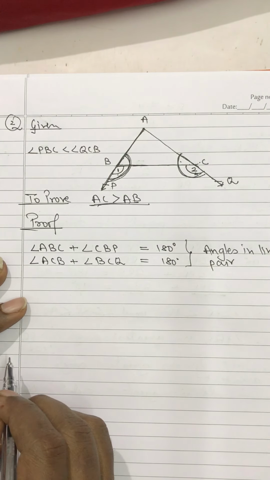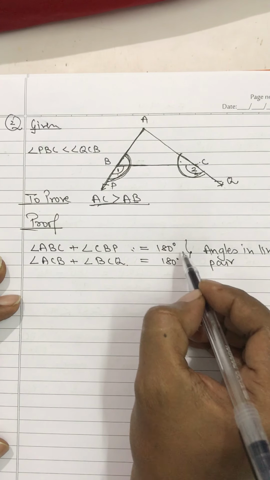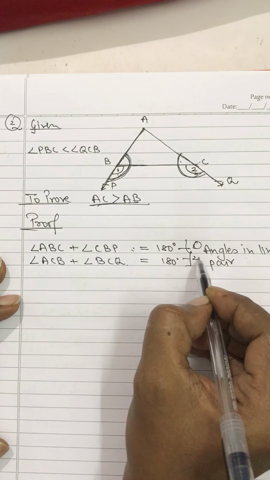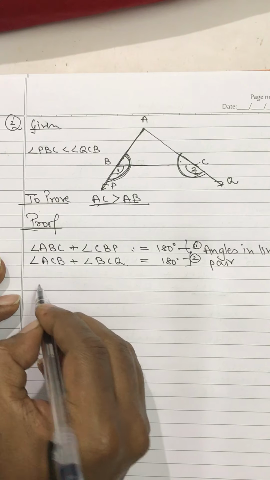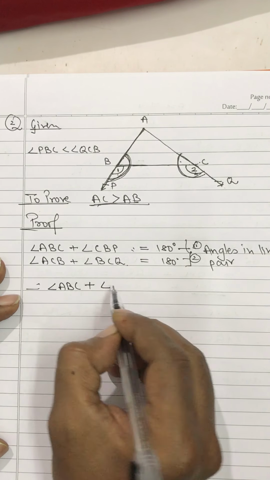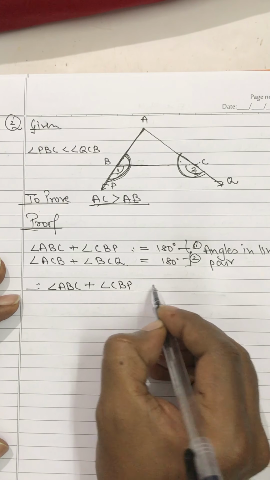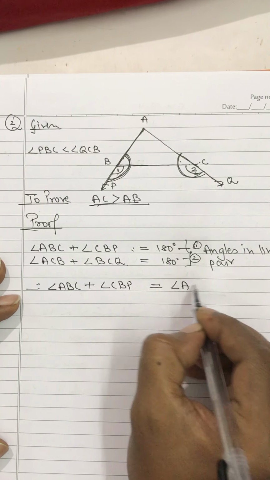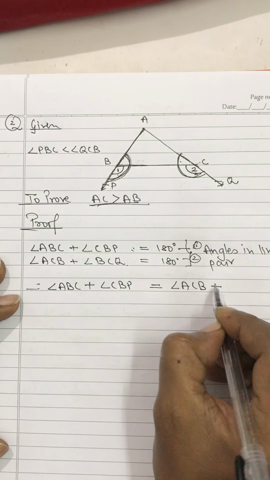Now what do I have? Because these both are equal, 1, 2. Therefore, angle ABC plus angle CBP is equal to angle ACB plus angle BCQ.